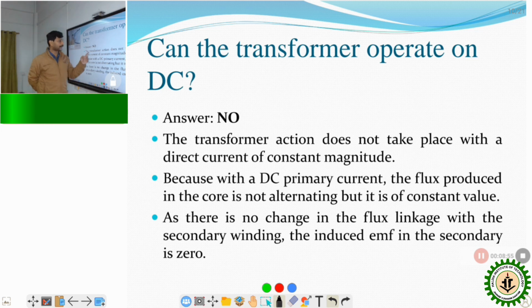The transformer action does not take place with direct current of constant magnitude, because if the primary is supplied with DC, the flux produced in the core is not alternating but of constant value. As there is no change in the flux linkage with the secondary winding, the induced EMF in the secondary is zero.